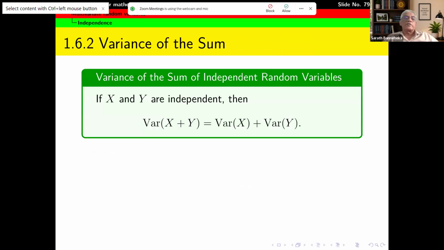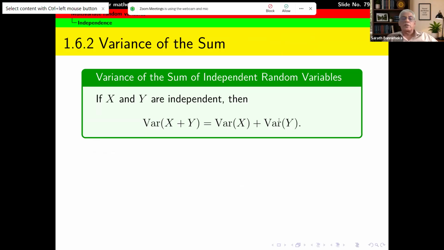And then finally, we are going to look at the expression for the variance of the sum of two random variables when x and y are independent, right? So variance of the sum of independent random variables. If x and y are independent, then variance of x plus y is equal to variance of x plus variance of y.